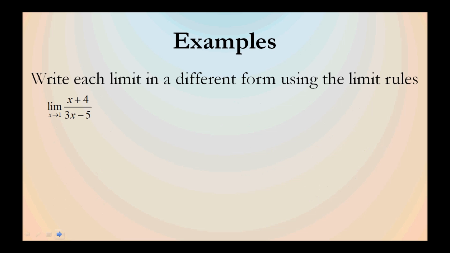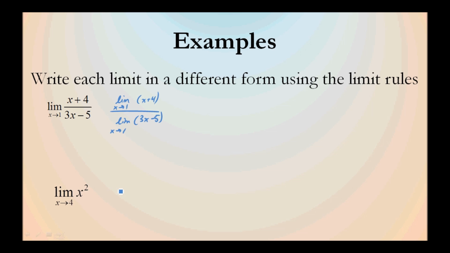The limit of the quantity x plus 4 divided by the quantity 3x minus 5 as x approaches 1 can be rewritten as the limit of x plus 4 as x approaches 1 divided by the limit of 3x minus 5 as x approaches 1.